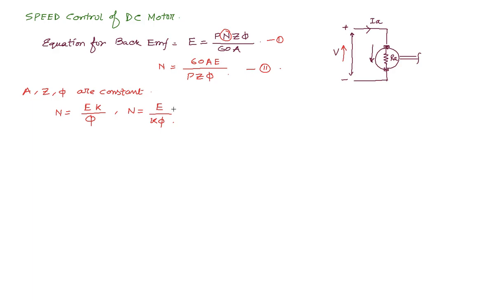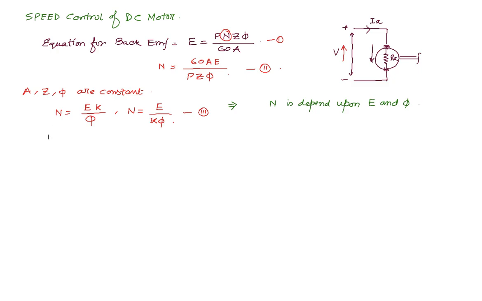So N is equal to E by K phi. This is equation 3, the most important equation. Our finding is that N depends upon E and phi.